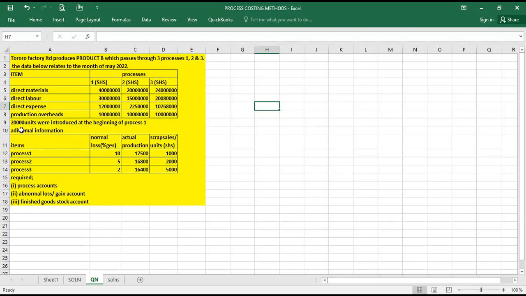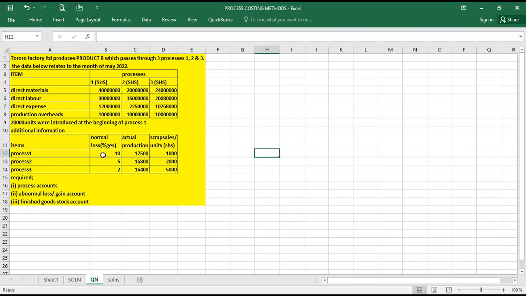So they are saying that 20,000 units were introduced at the beginning of the process. That is process 1. They introduced 20,000 units. We have the additional information, and the additional information has items.